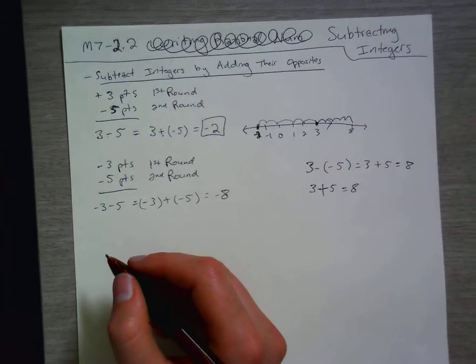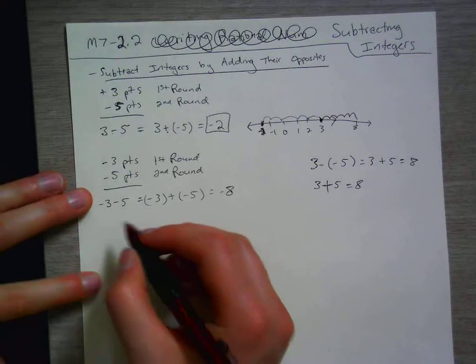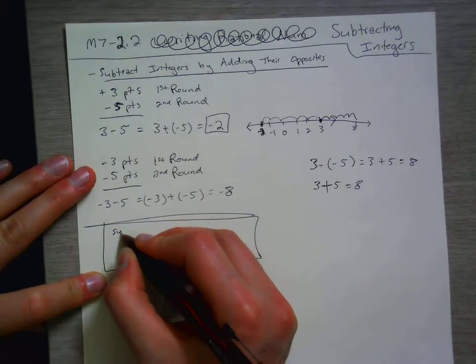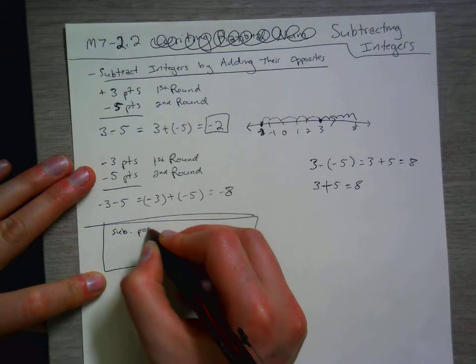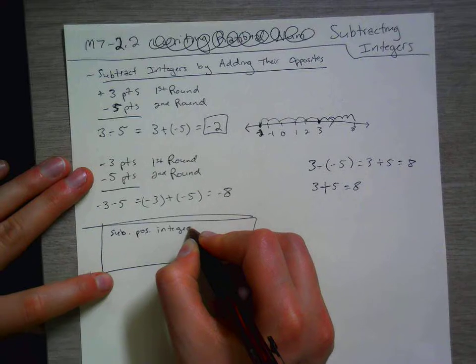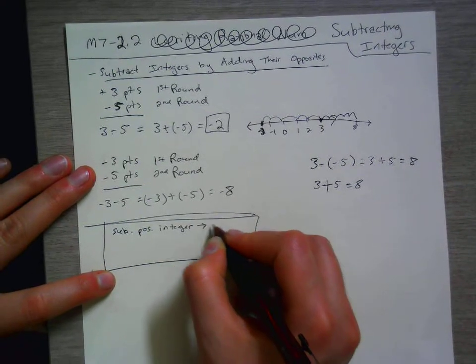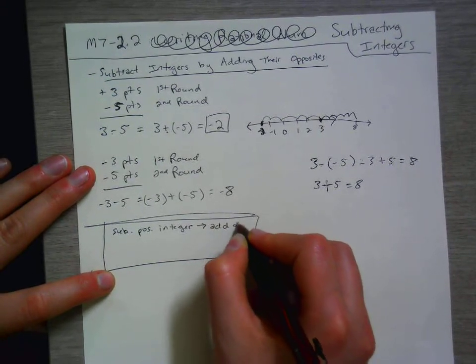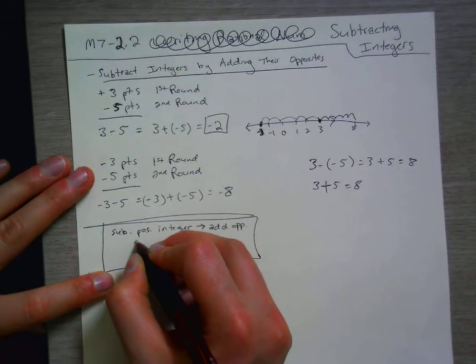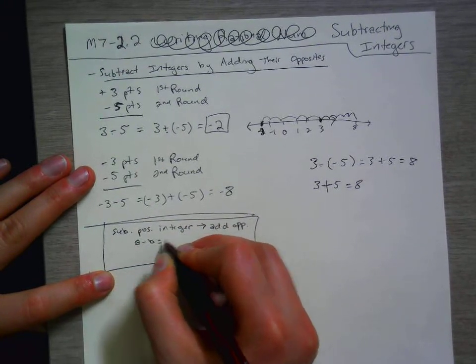So remember, this is our key thing to remember. When you subtract a positive integer, you add the opposite. So a minus b equals a plus negative b.